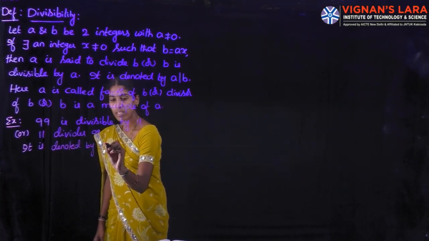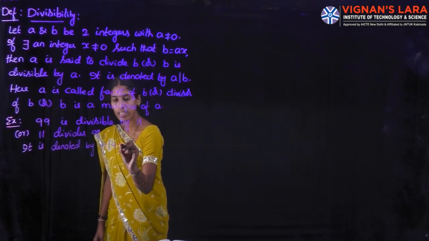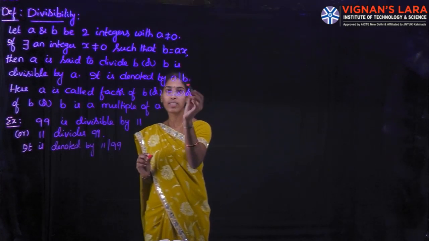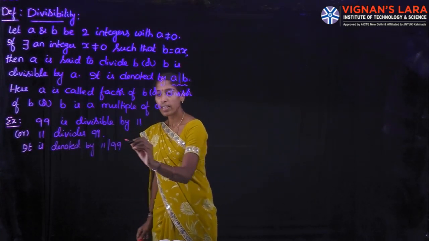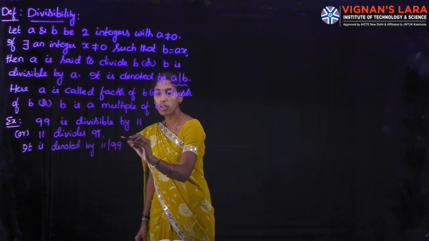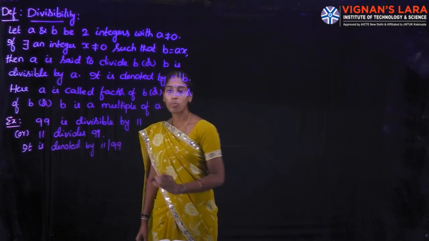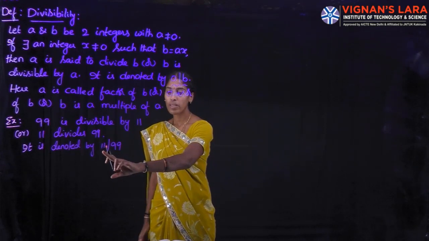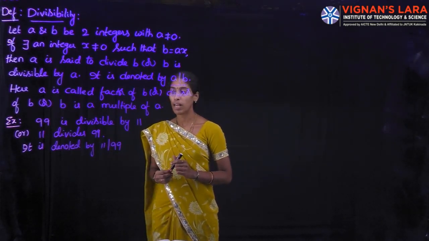How can we represent this one? Whenever we use the representation divides, the denominator value is greater than the numerator value. You have to remember that the denominator value must be greater than the numerator value.